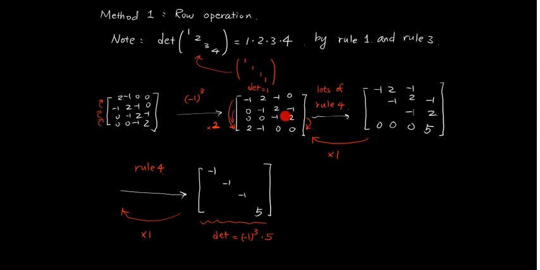This guy, the determinant is also -5. But when you go back from this one to this one, you swap the 3 things, right? So when you move back, you will have to multiply by -1 to the third power. So now you know matrix A, the determinant of matrix A is equal to this quantity, and then multiply by 1, by -1 to the third power, which is equal to 5.